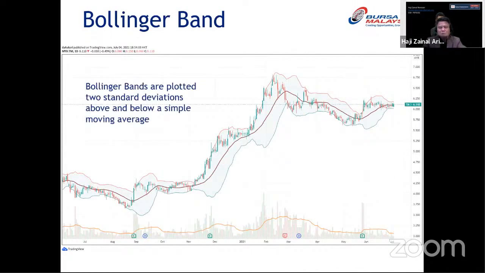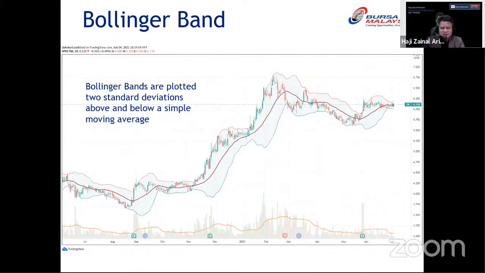Bollinger Bands are plotted at 2 standard deviations above and below a simple moving average. This Bollinger Band was introduced by John Bollinger. I have met him a couple of times, and he's a very nice guy. I asked him how he discovered the Bollinger Band.